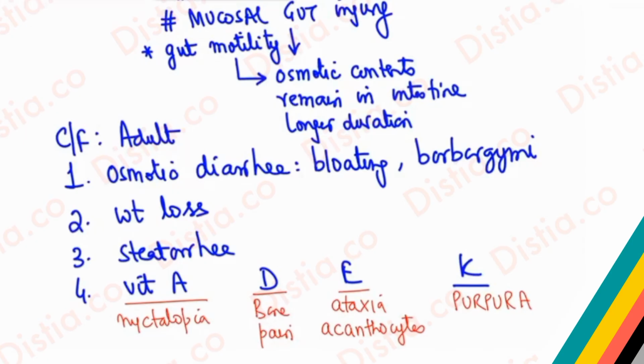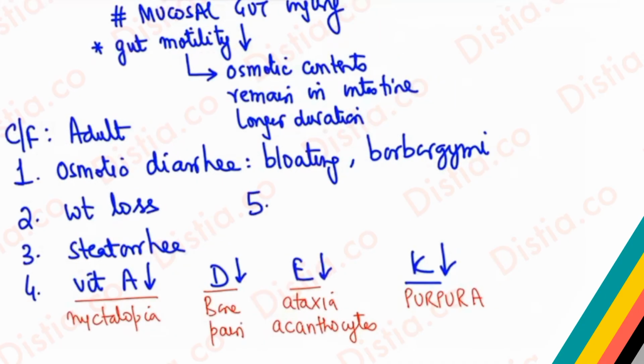So there is a distinct possibility that because in this condition the levels of these fat soluble vitamins will be lesser, therefore, either in the general physical examination or maybe in the workup of this patient, he might talk about terms like acanthocytes in a workup or purpura in general physical examination.